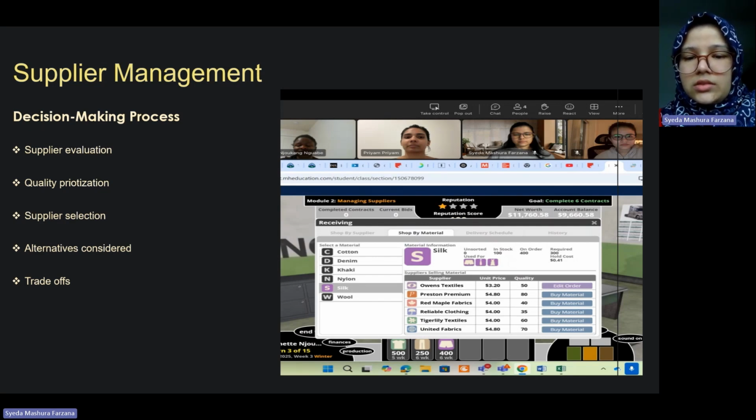Some suppliers offered cheaper silk, but they didn't meet our required standard. Although Owens Textile had a longer delivery time, their reliability and performance made them the best long-term choice. This decision reflects how we balanced different trade-offs to ensure smooth operations.